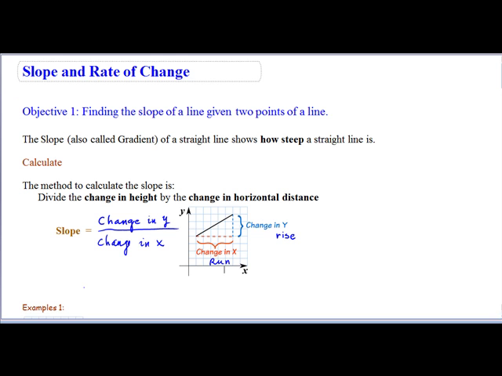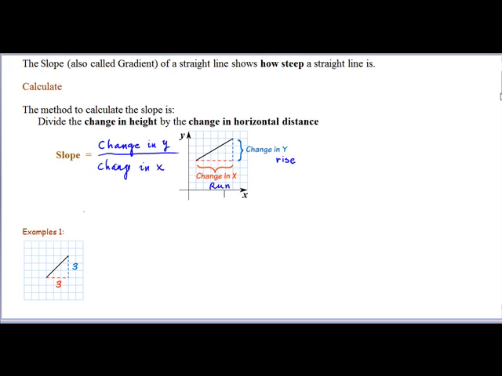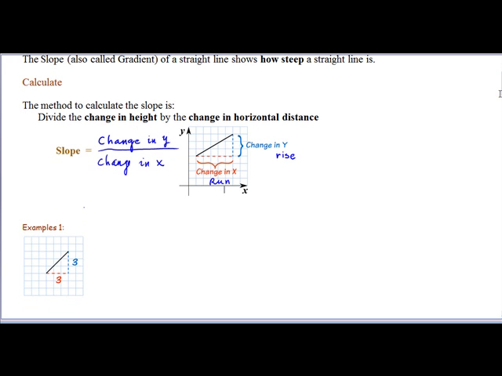So look at this example. I have this graph right here, and I want to find the slope of this graph. By the way, we use the letter M to stand for slope.